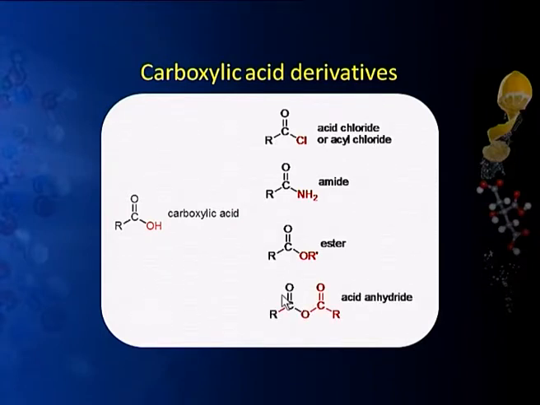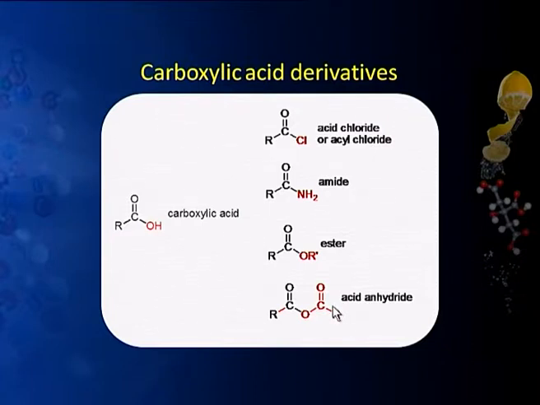In our previous session, we discussed the methods of preparation and properties of acid chlorides, amides and acid anhydrides. We had also discussed their reactivity order and compared their stability.